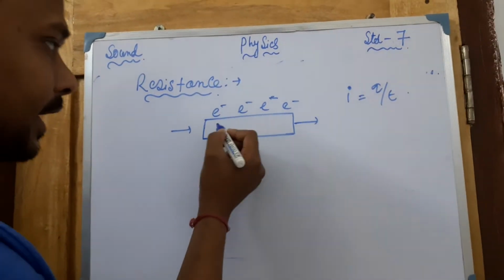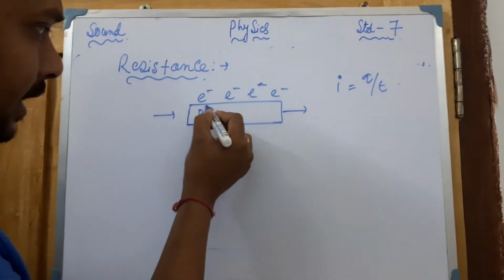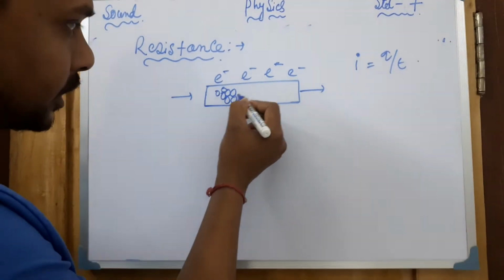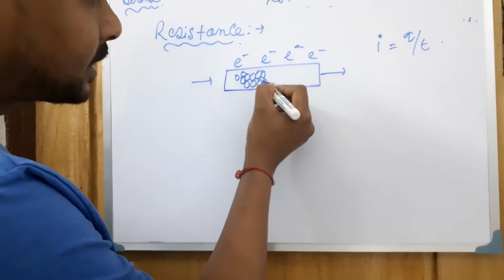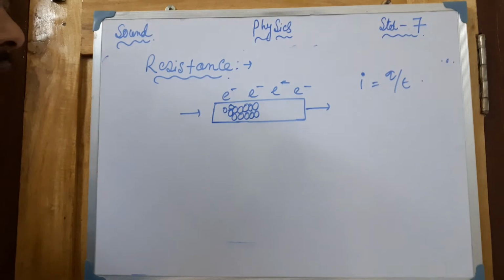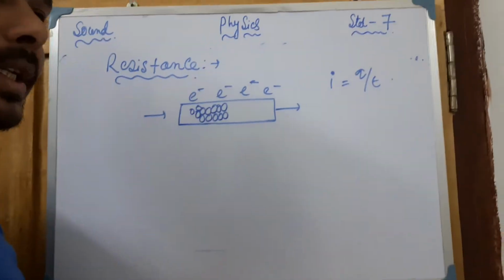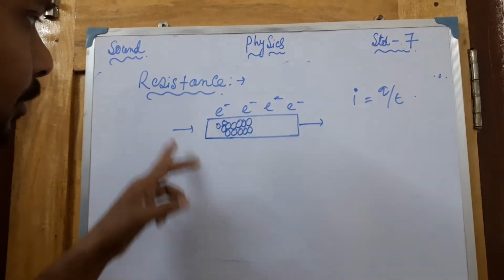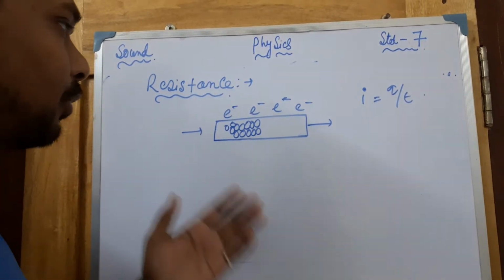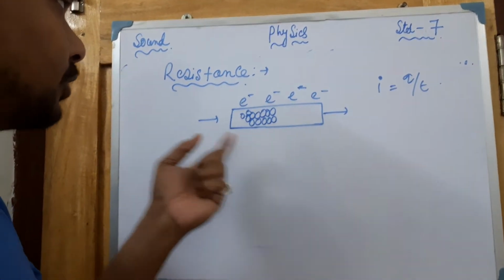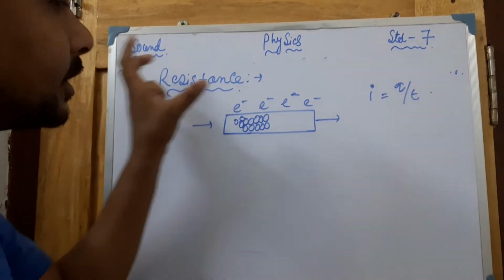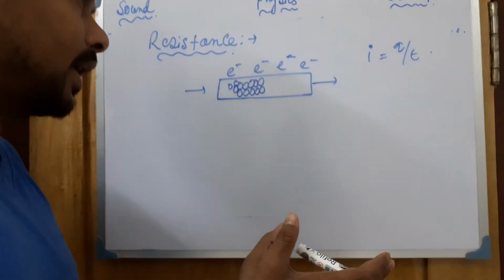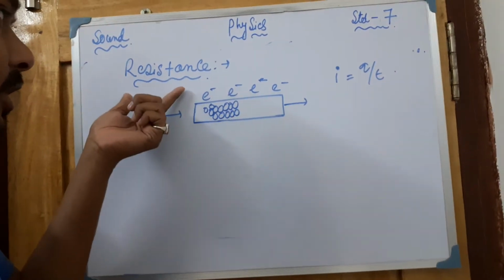Definitely there are so many molecules present. These molecules, which are bound to each other, will resist the flow of charges. They will not allow the charges to go easily. This property of resisting the flow of charges is known as resistance. If you take a good conductor, the resistance will be less.